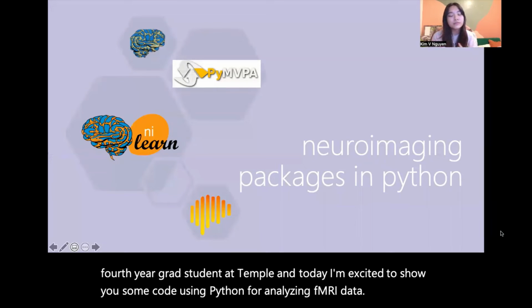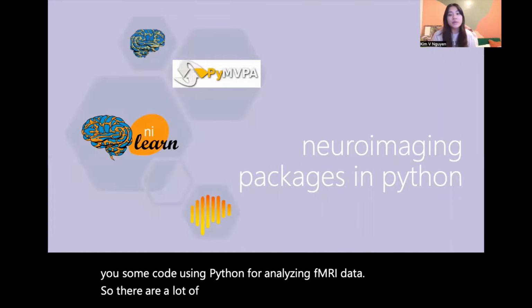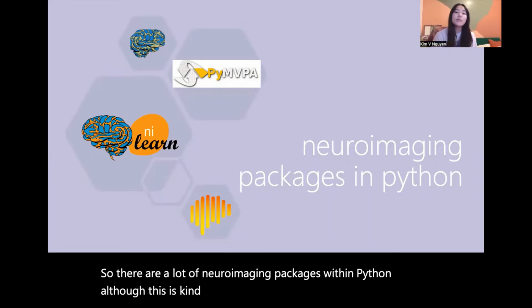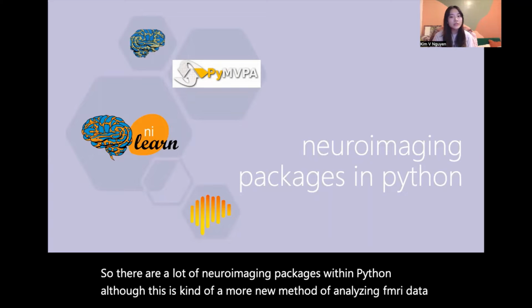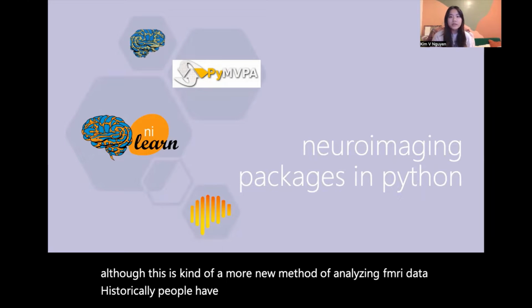So there are a lot of neuroimaging packages within Python, although this is a newer method of analyzing fMRI data. Historically, people have used programs such as AFNI, SPM, and FSL, three really big names.